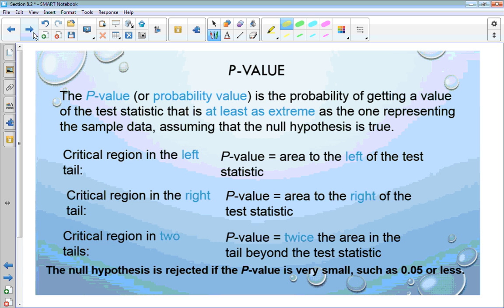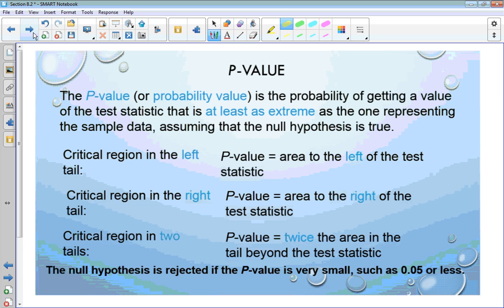Our p-value, or probability value, you cannot confuse with the p being a proportion or p hat being the proportion of a sample. The p-value is the probability of getting a value of the test statistic, whether it's a z or a t, at least as extreme as the one from the sample data.